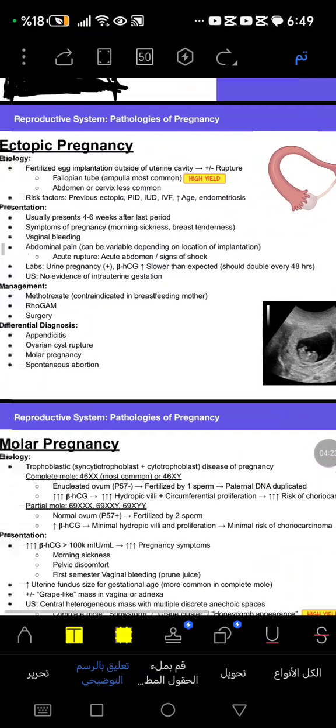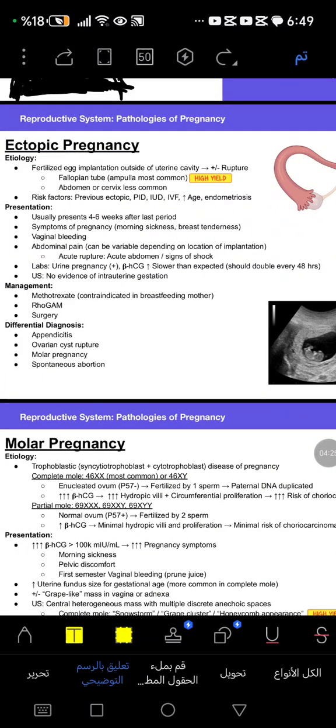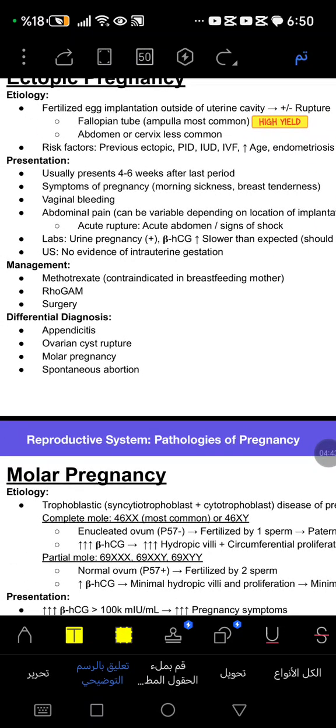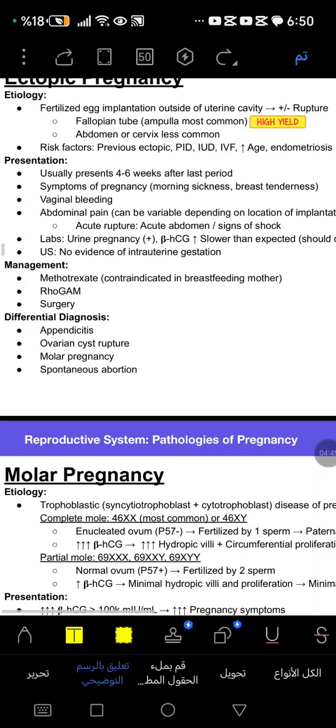Now we will talk about the presentation of ectopic pregnancy. It usually presents 4 to 6 weeks after the last menstrual period, with the same symptoms of pregnancy, such as morning sickness and breast tenderness, and vaginal bleeding.